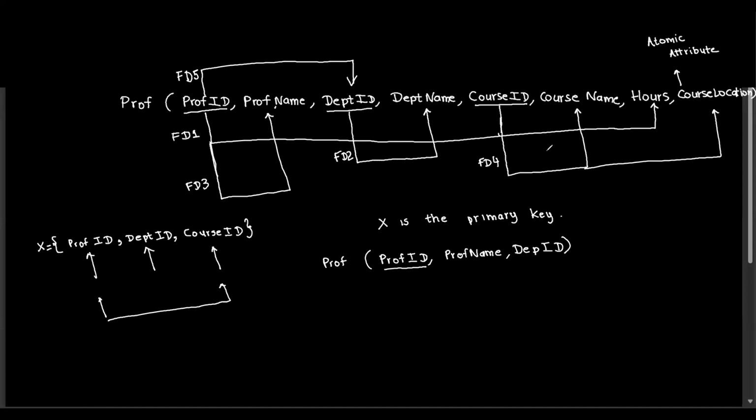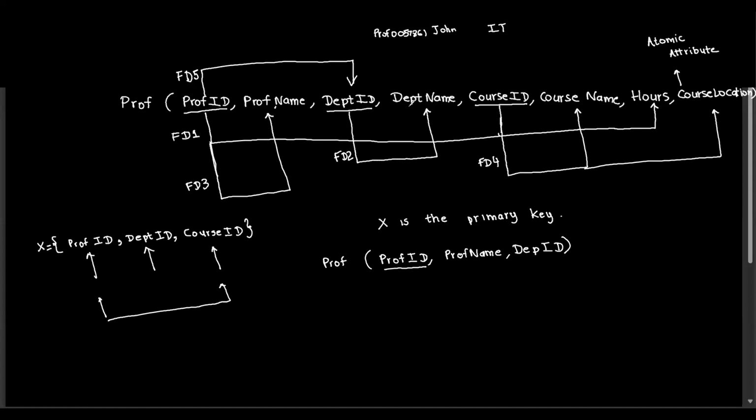Let's say there is a professor called John, and he only works in one department, for example the IT department. And how is that concluded? Well, it is concluded by his ID.